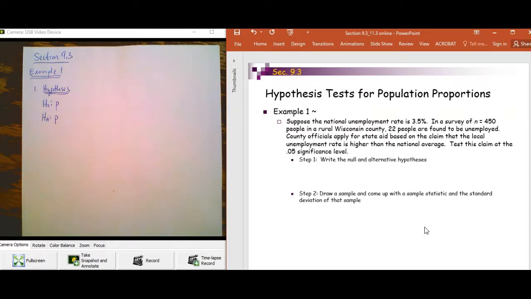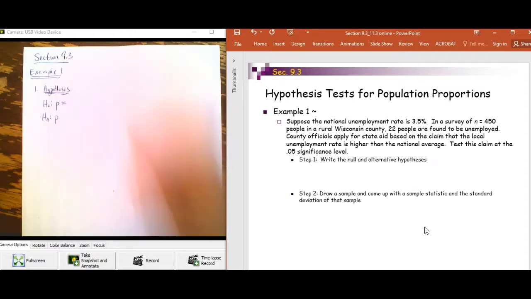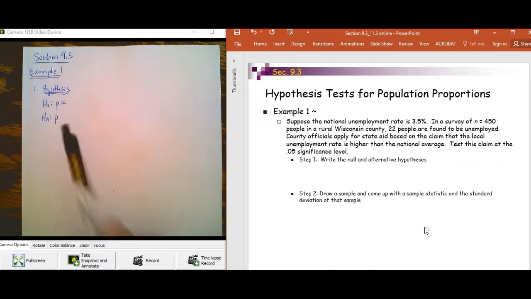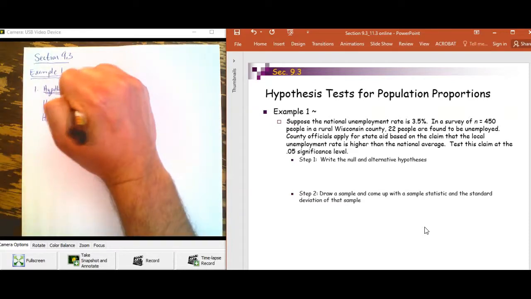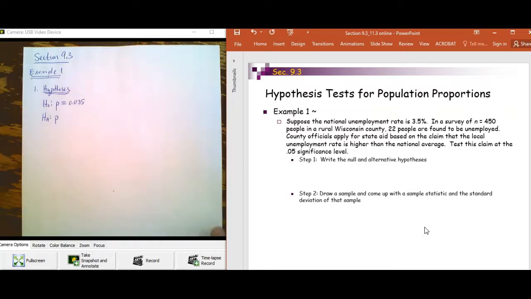So here, if we deduce what these are going to be, remember the null hypothesis is always equal. And we'll get the sign for the alternative hypothesis based on our problem. Here it says, suppose the national unemployment rate is 3.5%. The county officials apply for state aid based on the claim that the local unemployment rate is higher than the national average. So here our 3.5% is our p, so we'll put 0.035. That's 3.5%.